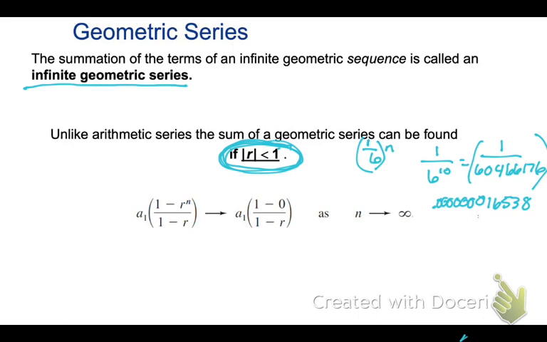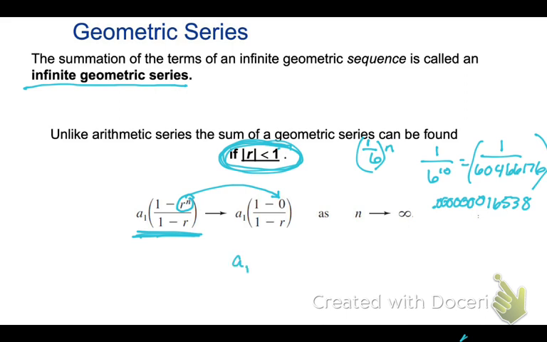No. So what happens is when I use my formula right here, this r to the n basically becomes what? 0. Well, 1 minus 0 is what? 1.